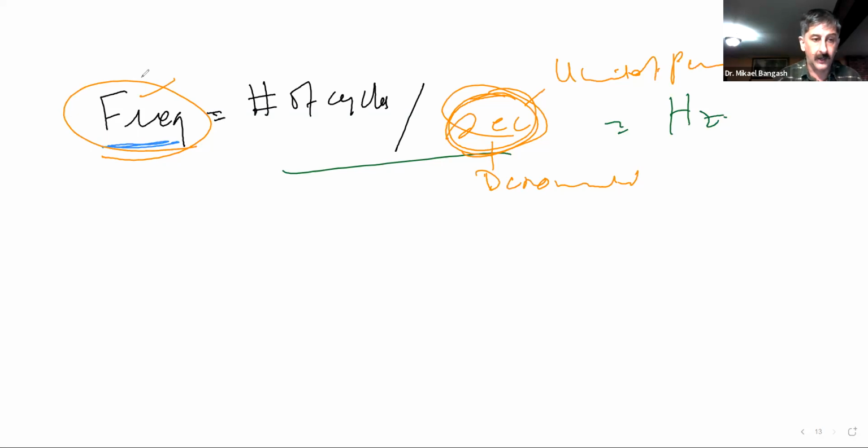Where you can see that the number of cycles is the numerator, which is going to be directly proportional to your frequency.